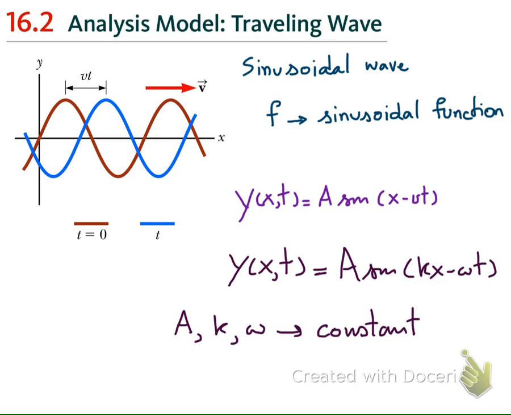The most obvious parameter is the parameter A. Since the sinusoidal function has a maximum value of +1 and a minimum value of -1, you can see that A is the maximum displacement of the wave.